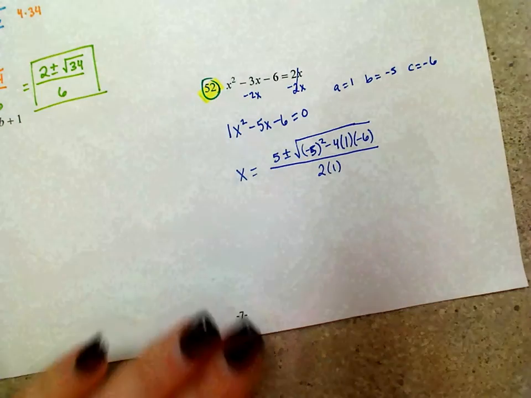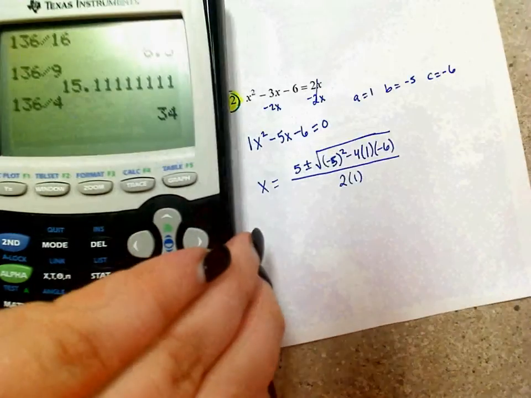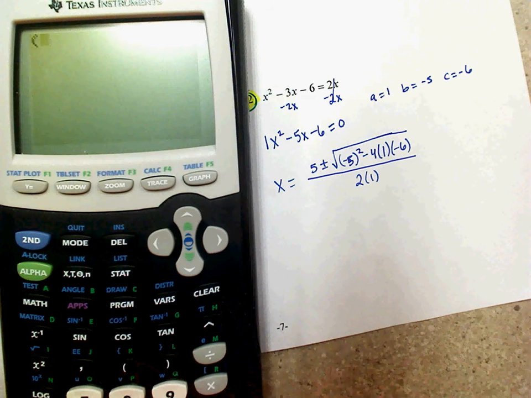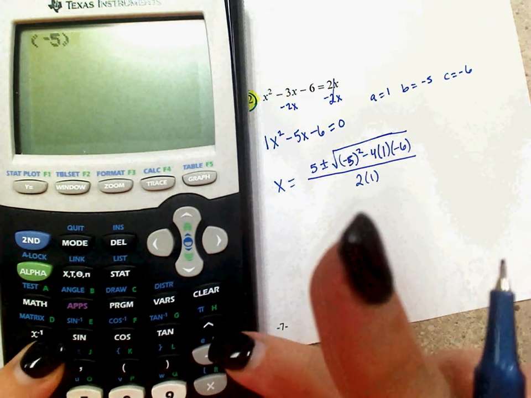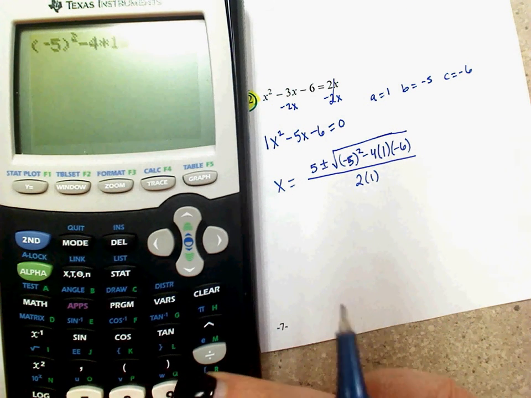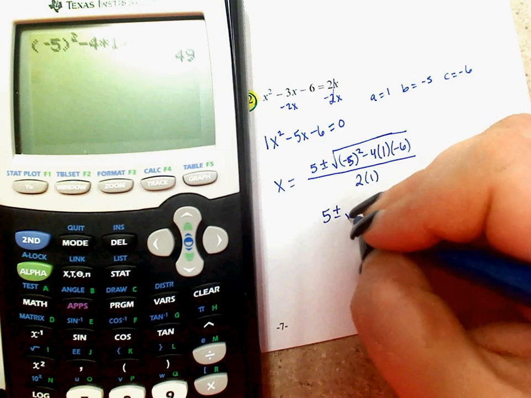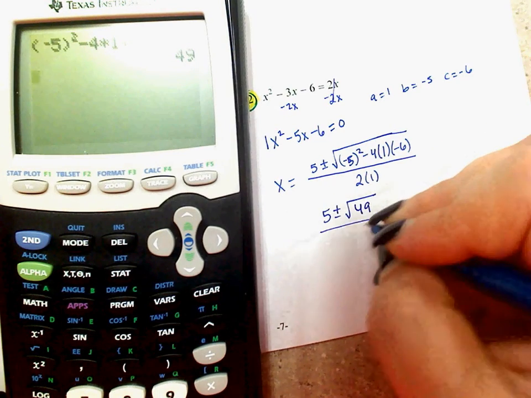Again, you don't have to write it. So I type that in. Negative 5 squared, or 25, minus 4 times 1 times negative 6. And you get 49. So 5 plus and minus the square root of 49 all over 2.